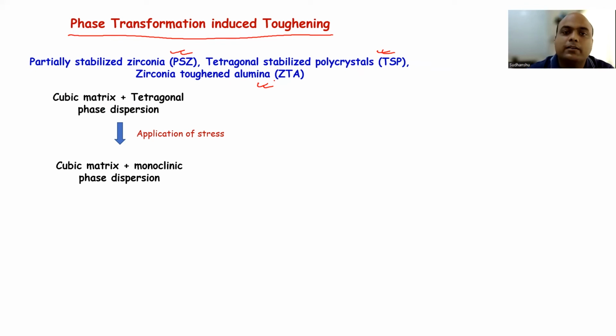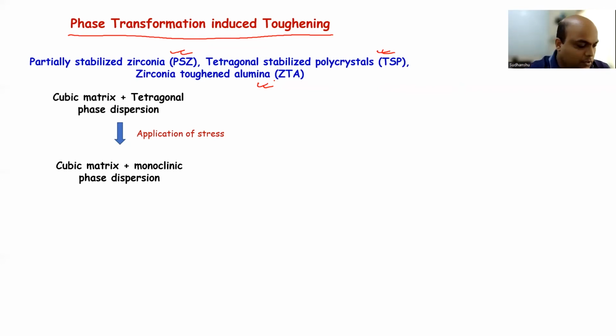You are transforming the phases, and because of that, these come under zone shielding. Remember that zone shielding? There will be no contact of the crack wake, but you are inducing compressive stress because of the phase transformation, which will lead to retardation in the overall crack growth in a given ceramic.